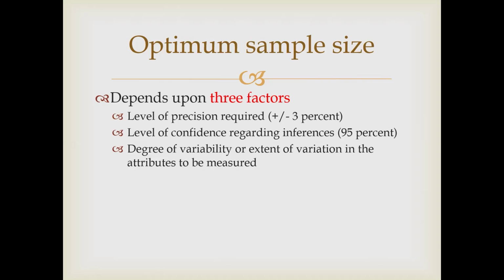Okay. Next one. The third factor is the degree of variability or the extent of variation in the attributes to be measured. So we are going to measure some value, income, stress. What is the degree of variation? In some cases, the variation may be more between people.